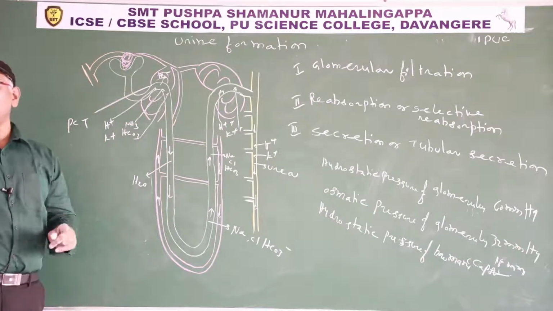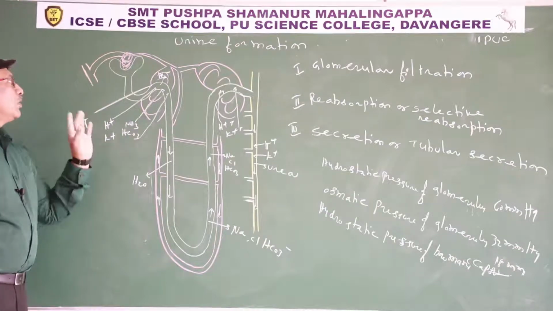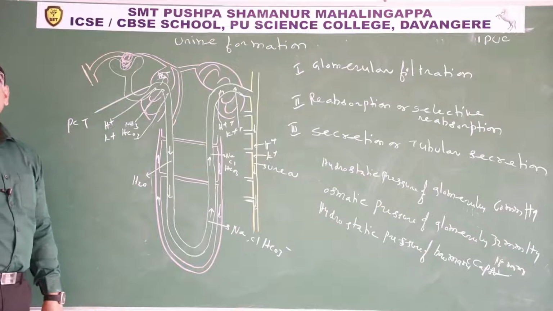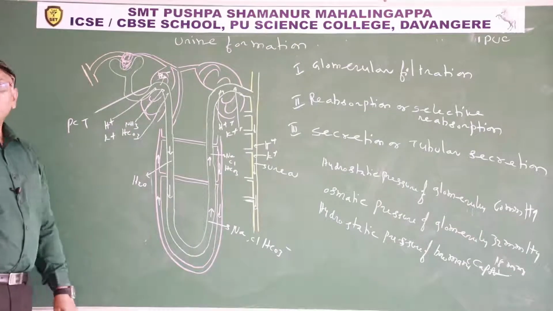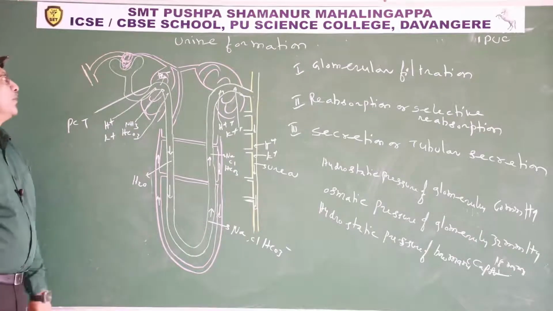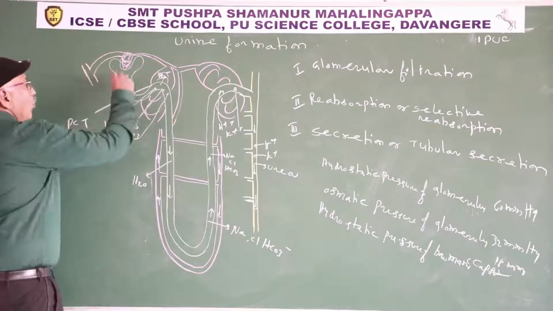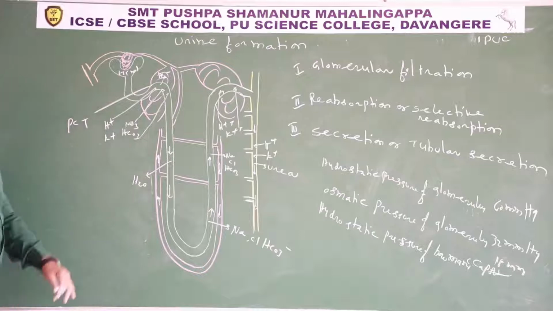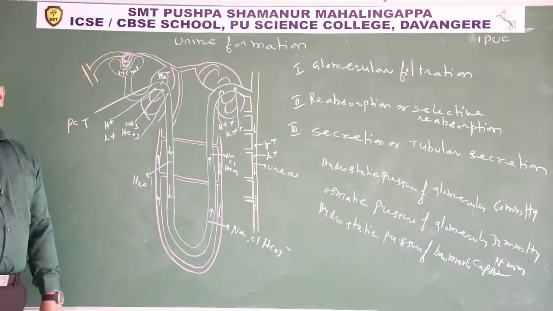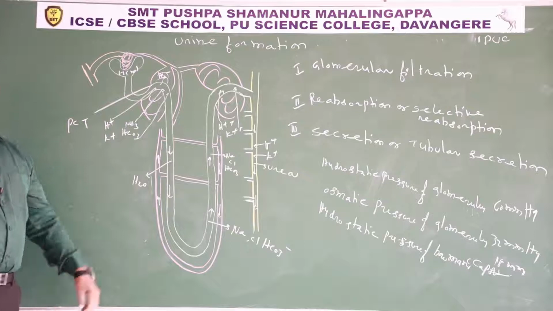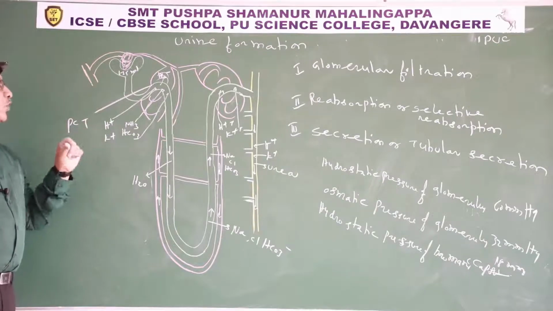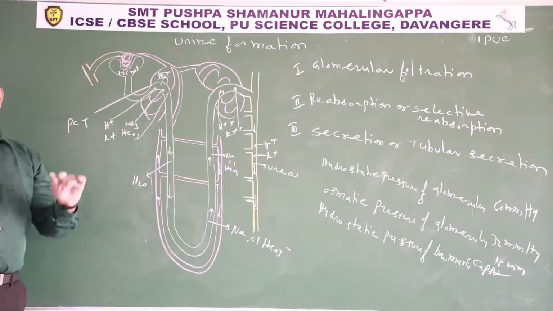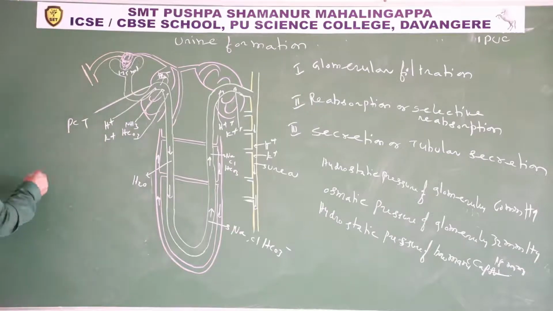You already know each kidney has 1 million, so it is 20 lakh glomeruli. During this process, 125 ml of substances are filtered into the Bowman capsules of all nephrons per minute.